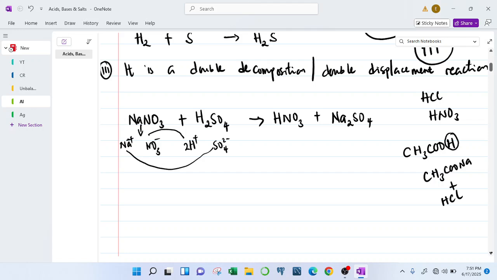React with HCl. HCl is going to displace the weak acid from here. So what happens? Again, it goes by double decomposition. So sodium takes chlorine and the ethanoate ion takes up hydrogen. That's just an idea, but you can expand on that and work on it.